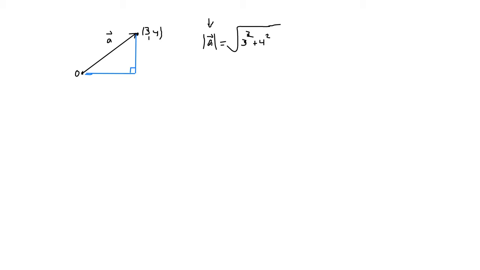The magnitude of A is this distance, but that distance is what relative to the right triangle? It would be 5. What do we call that? The hypotenuse. That's right. Good, Marvelous. Good, Christopher.